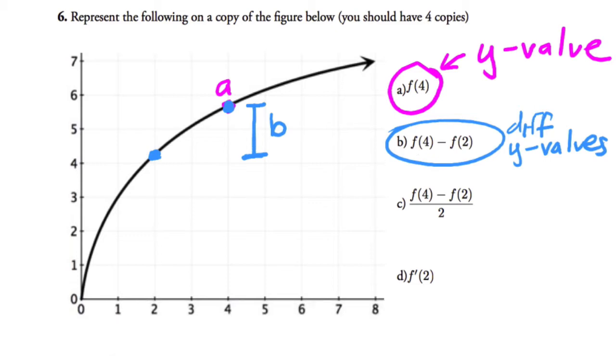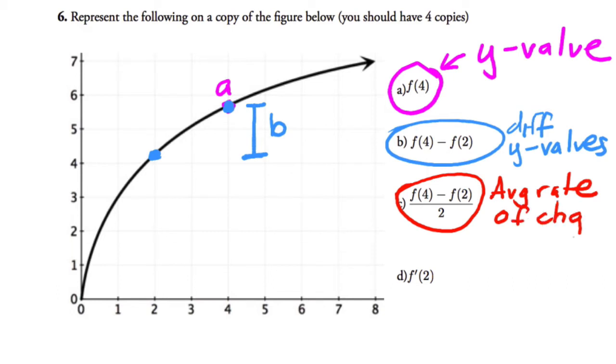Okay. Now, this guy, f of 4 minus f of 2 over 2, you might notice, this is the average rate of change, right? This is the average rate of change, also known graphically as the slope of the secant line.